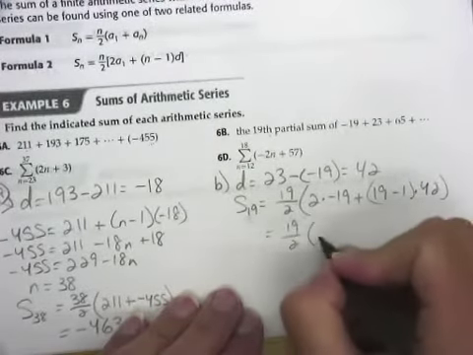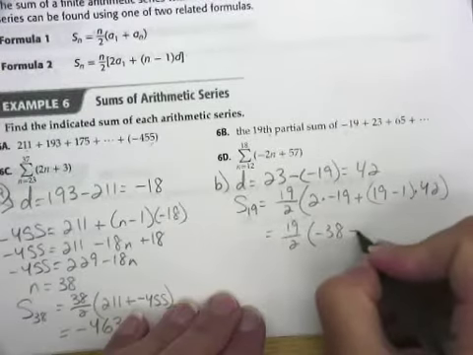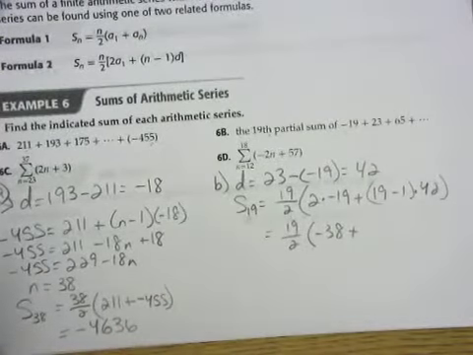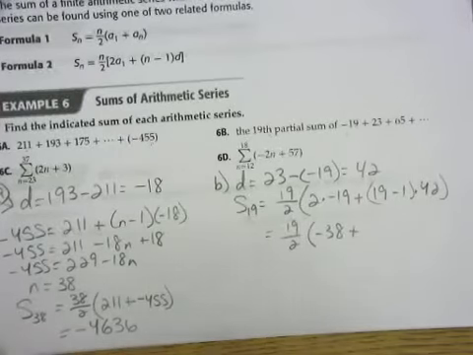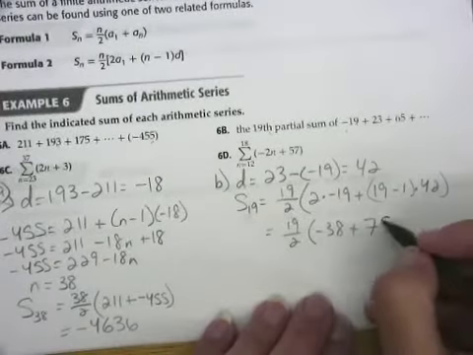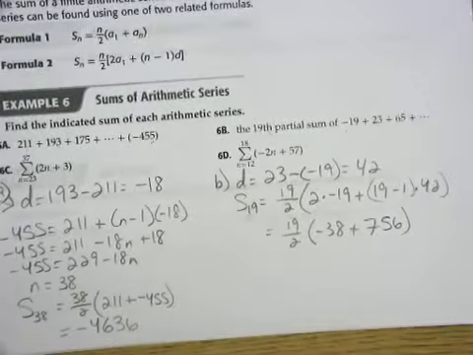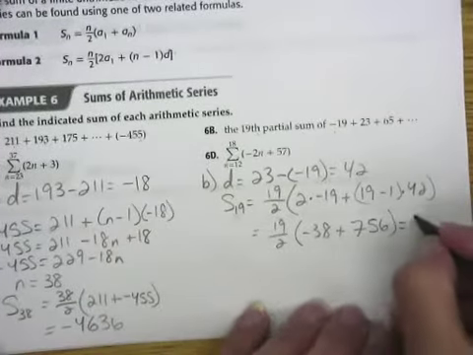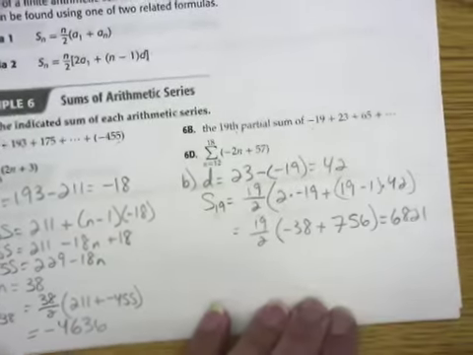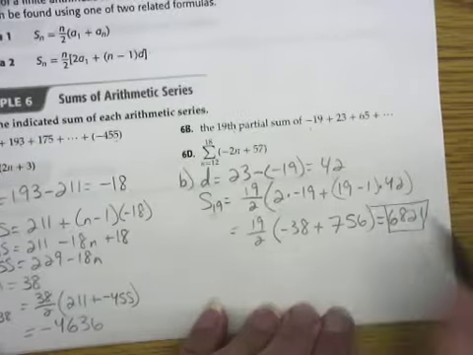So I have 19 over 2 times negative 38 plus 18 times 42, which is 756. So order of operations, I have that 756 minus 38 times 19 halves, and that gives me 6821.